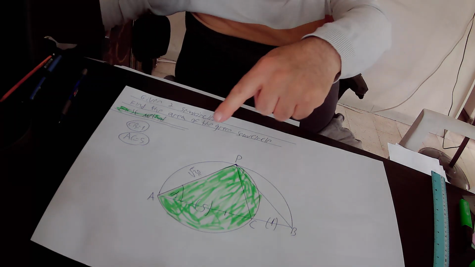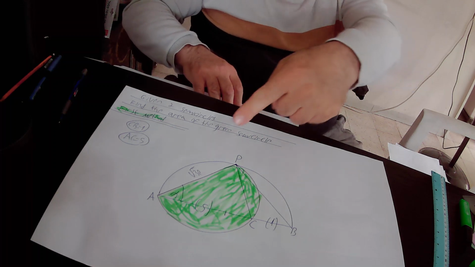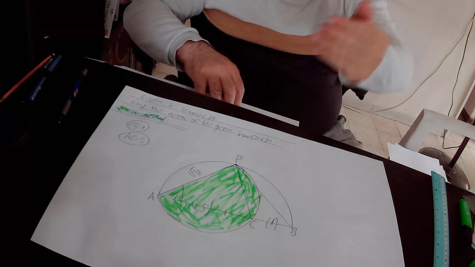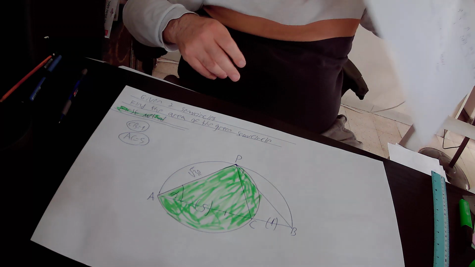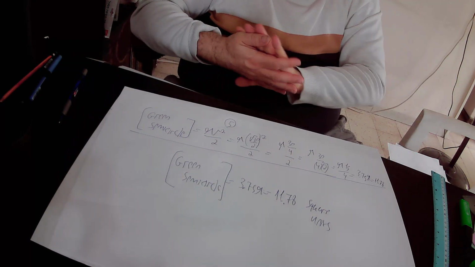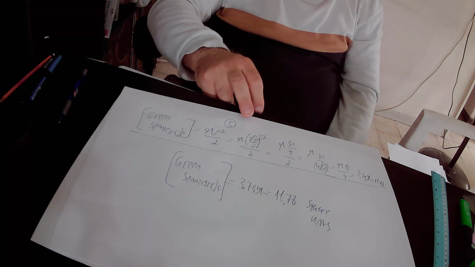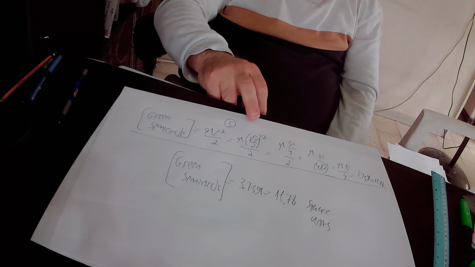Our mission is to find the area of this green semicircle. The area of the green semicircle, the area that we are looking for in this question, equals pi r squared over 2. The radius of the green semicircle is the square root of 30 over 2.